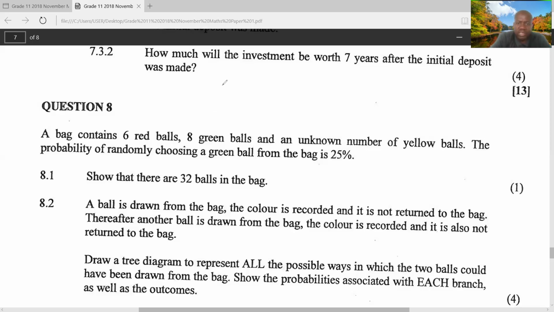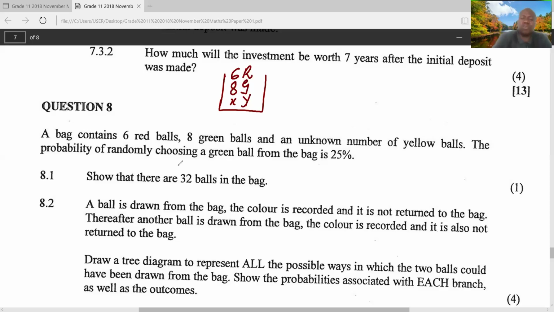We are told that there is a bag, and in this bag there are 6 red balls, 8 green balls, and also an unknown number. Let's just say X or K. There are X number of yellow balls. Either we use X or whatever, there's no problem.